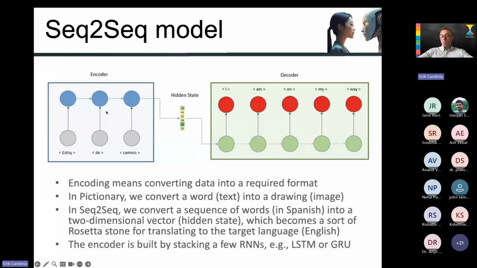What's happening here is a bit like what I mentioned before: when I have to translate from one language to another, I read the sentence, I encode the meaning in my brain, and then I decode it in the target language.